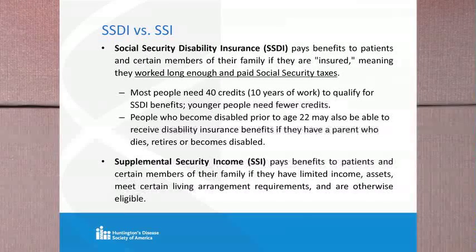So that's SSDI. SSI pays benefits to patients and certain members of their family if they have limited income, assets, and meet certain living arrangement requirements and are otherwise eligible. Becoming eligible for disability, individuals can qualify when their Huntington's disease is severe enough to prevent them from being able to engage in work activity.